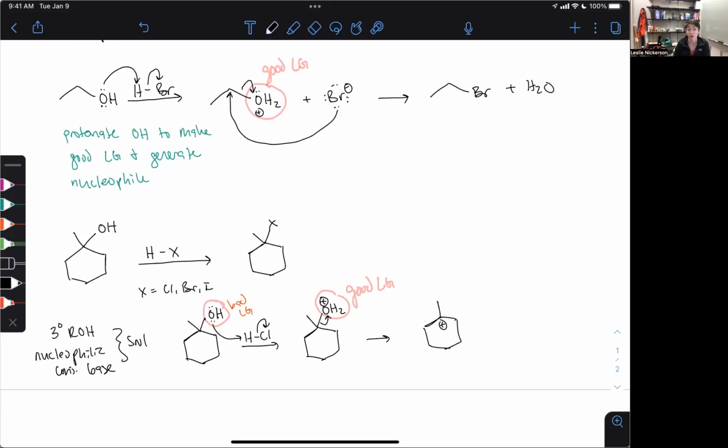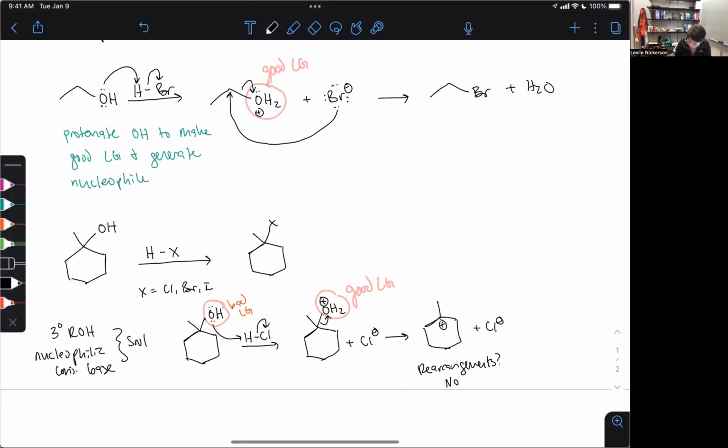Since we have drawn a carbocation, we always want to be looking for rearrangements. In this case, I've got a tertiary carbocation. My other options are worse, so we're not going to have one, but we want to think about it just in case. And I forgot to put in my chloride back here.